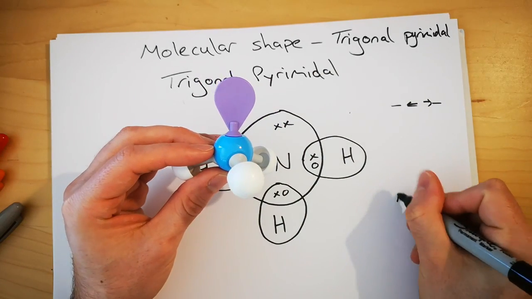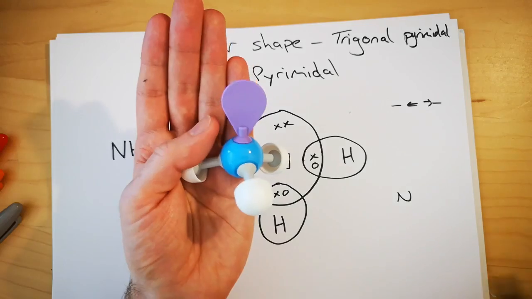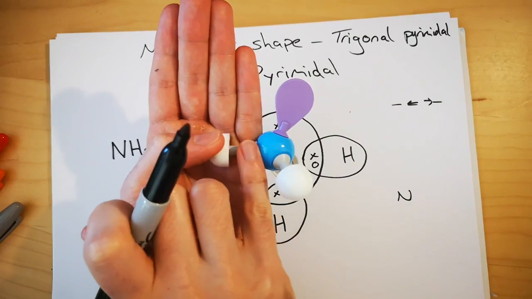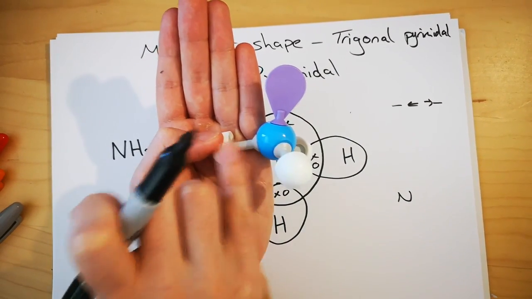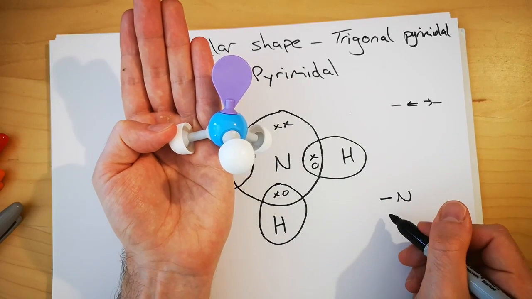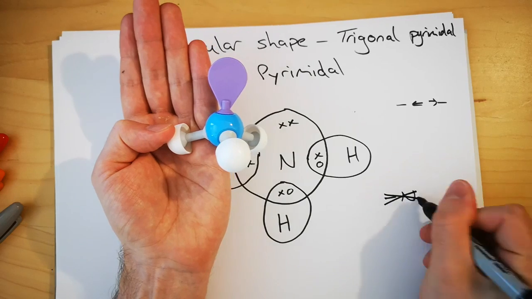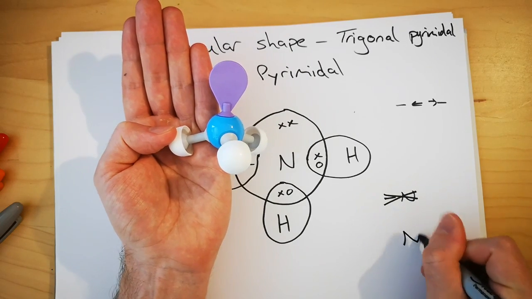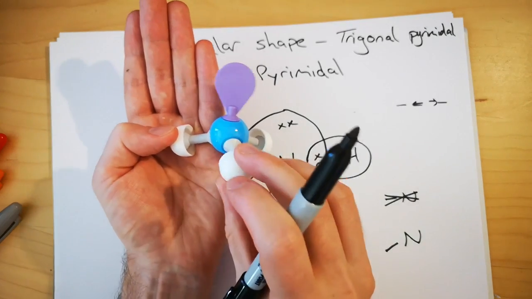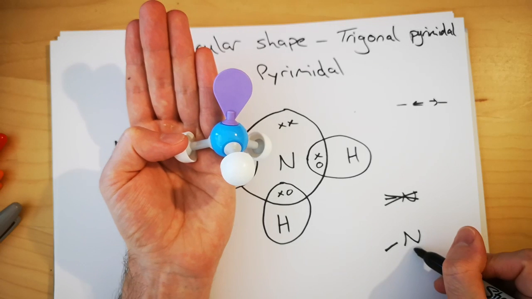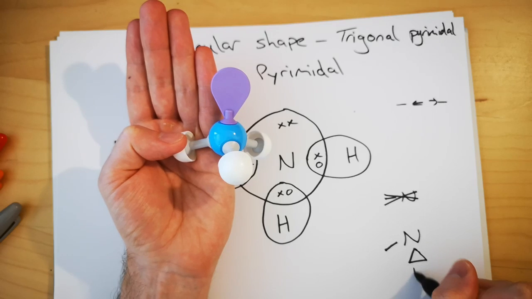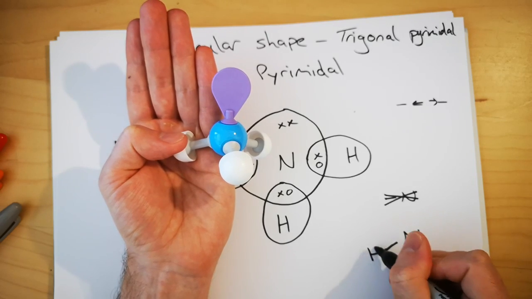So I'm going to start with nitrogen in the middle, and I've got my one bond right there on the flat. I'm just going to have that as a flat bond, but slightly angled down the way. So I don't want to do it straight out. I want to do the nitrogen with this bond coming just slightly down the way. Then this hydrogen's coming out towards me, and I can show that with a triangular shape there. And I can put my hydrogens in like that.